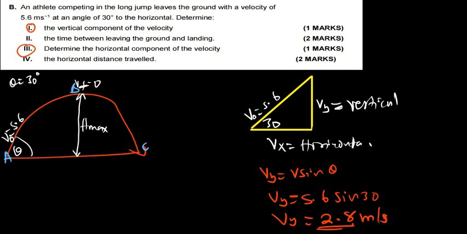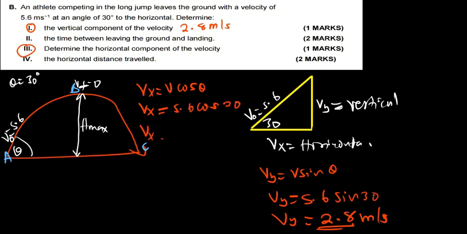So this one is 2.8 meters per second. Then let's go to the part that asks to determine the horizontal component, which is vx, v cos theta. So vx will be equal to my v, 5.6 cos 30 degrees.